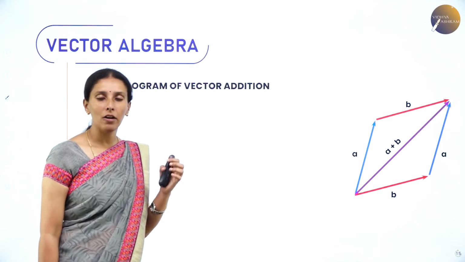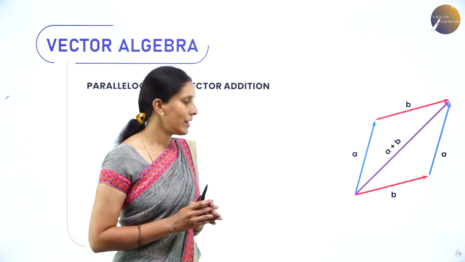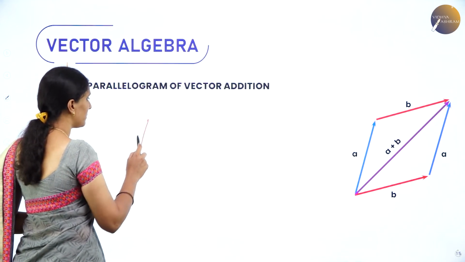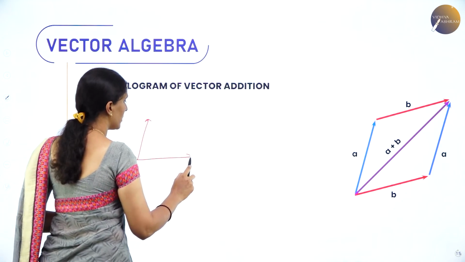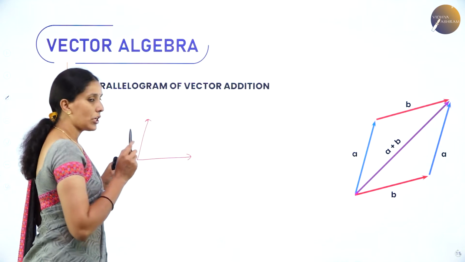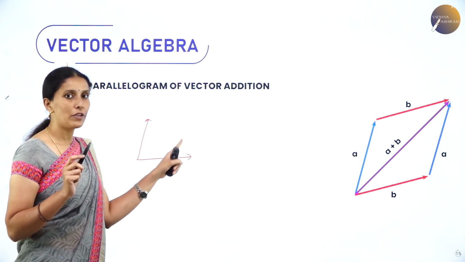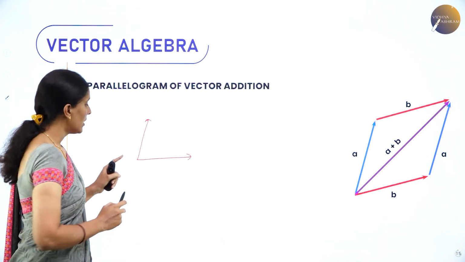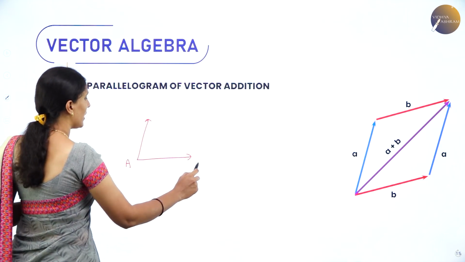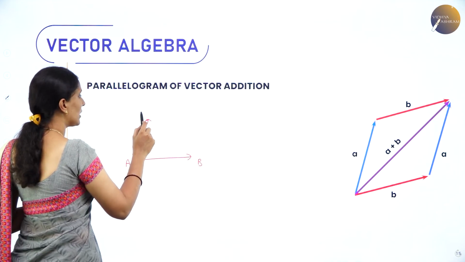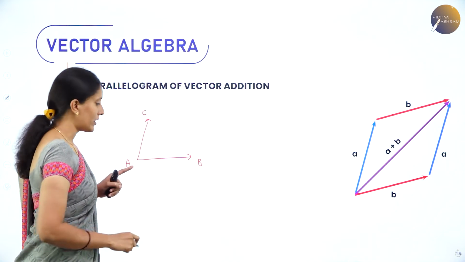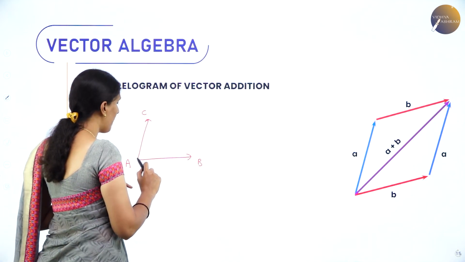We have one more law for addition of vectors, that is the parallelogram law of vector addition. Here, let me take two vectors, vector A and vector B. According to the triangle law of addition, the initial point of one vector must coincide with the terminal point of the other. Let me take this as vector AB and this as vector AC. What does the parallelogram law of vector addition say?